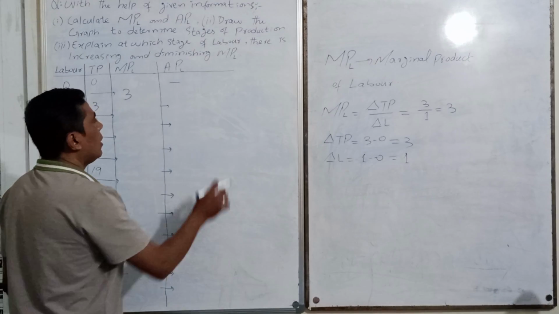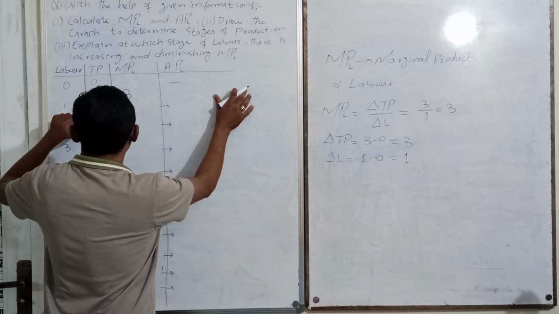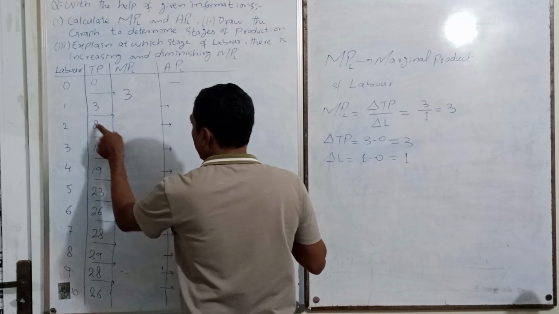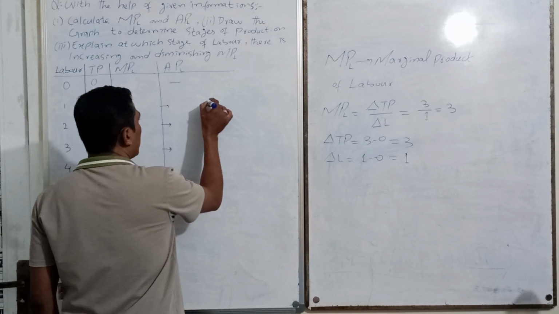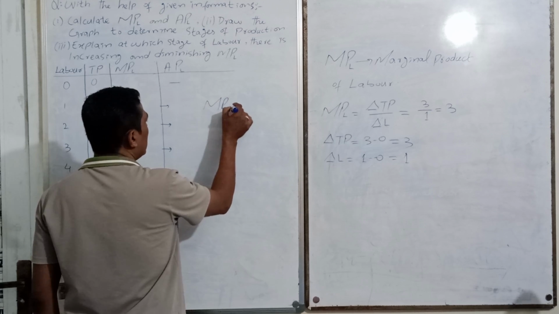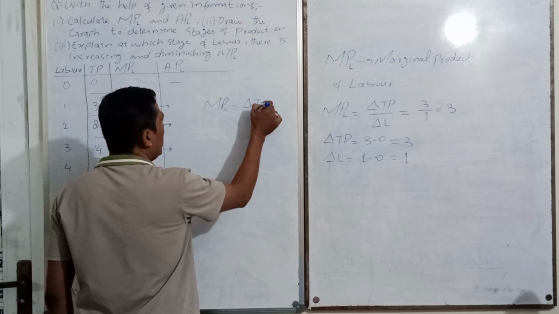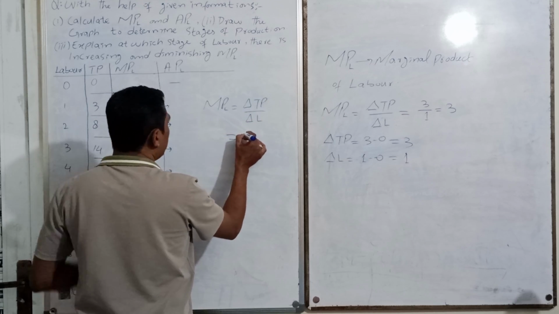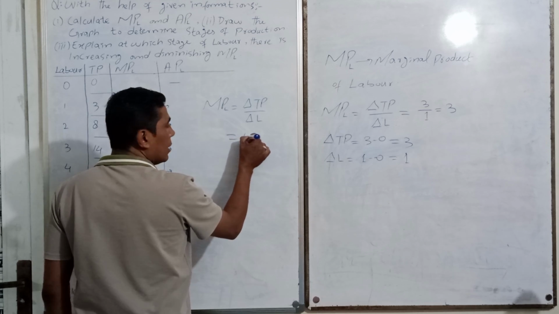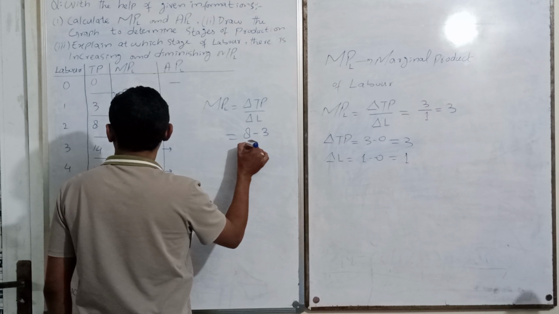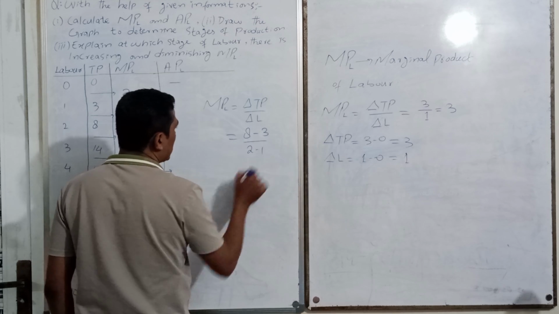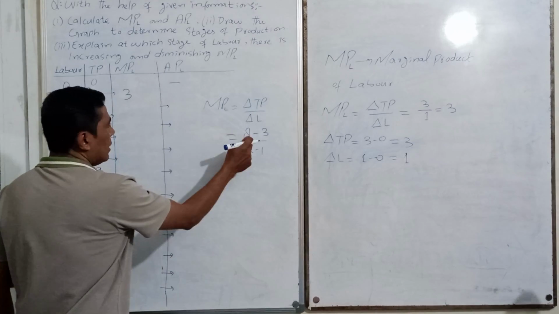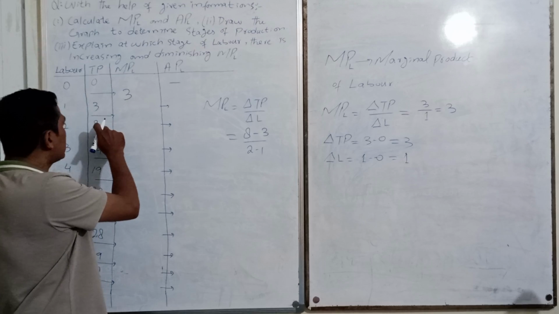You got my point. Now similarly, we have to calculate the marginal product of labor between 3 and 8, and 1 and 2. Again MPL equals delta TP upon delta L. So I can write 8 minus 3 divided by 2 minus 1. Delta L is 2 minus 1, delta TP is 8 minus 3.